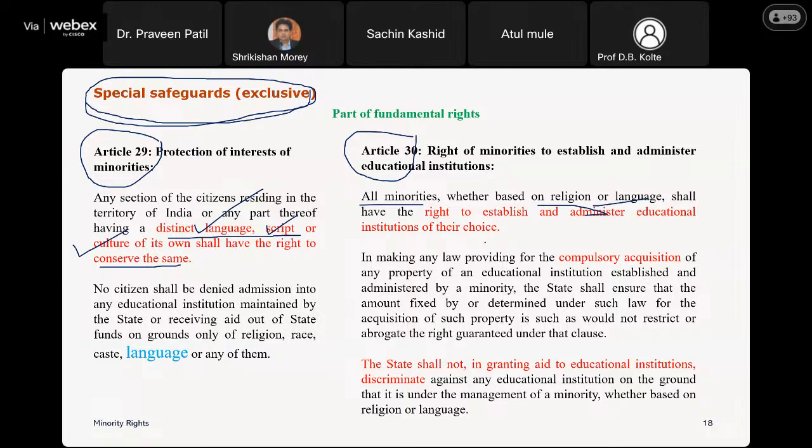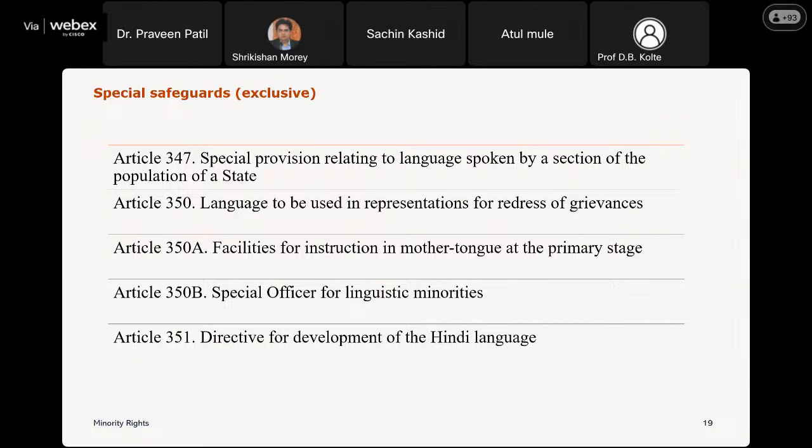Apart from this, there are a few more special safeguards available only to the linguistic minorities. And what is that? We have a typical example here. Article 347 says, special provision relating to language spoken by a section of the population of the state.